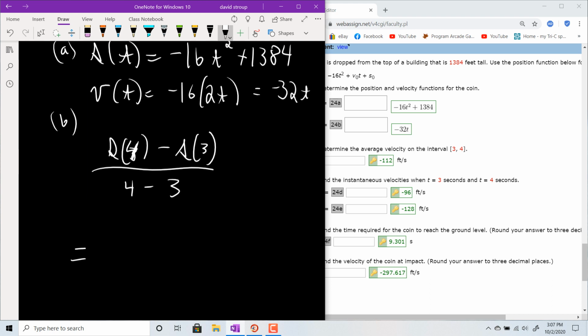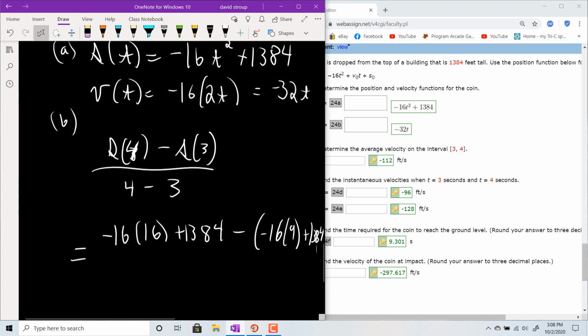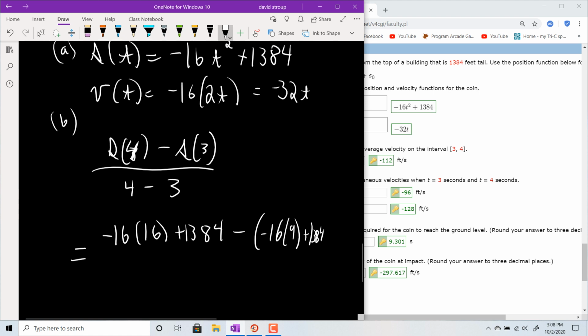Plugging 4 into that formula, we get negative 16 times 16 plus 1384, minus negative 16 times 3 squared, which is 9, plus 1384, and then divided by 1, since 4 minus 3 is just 1.